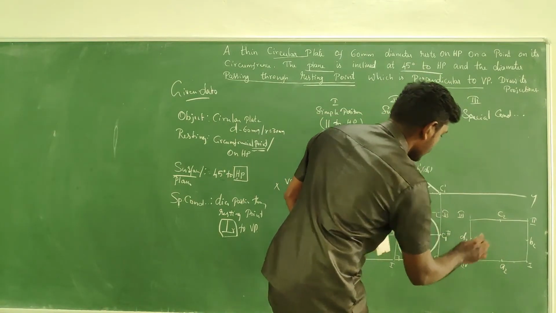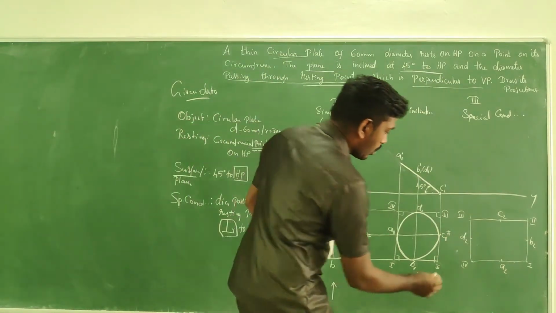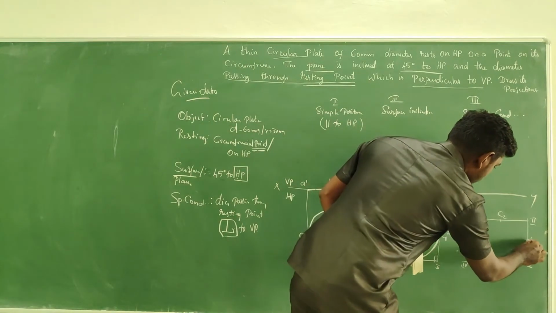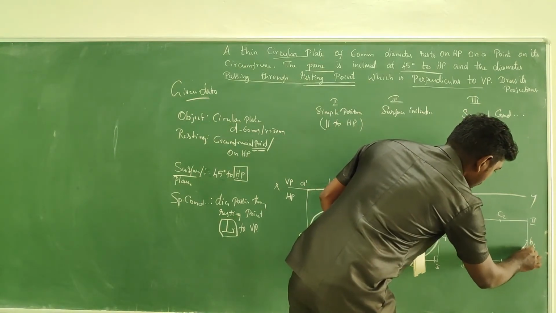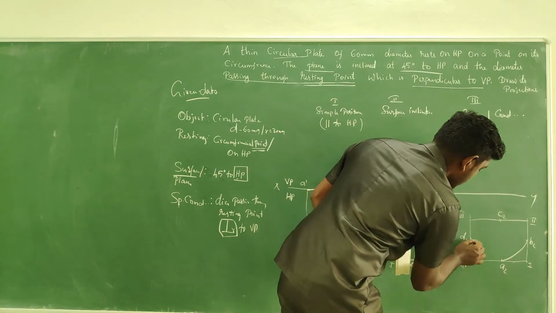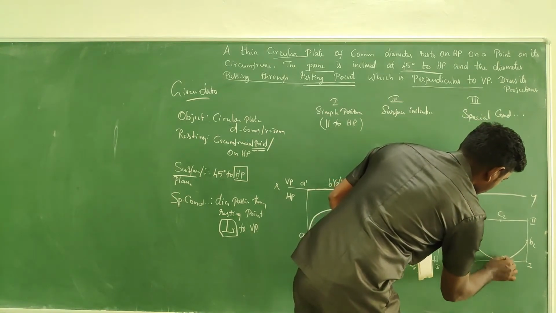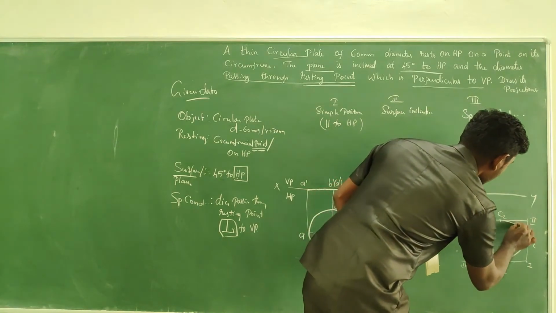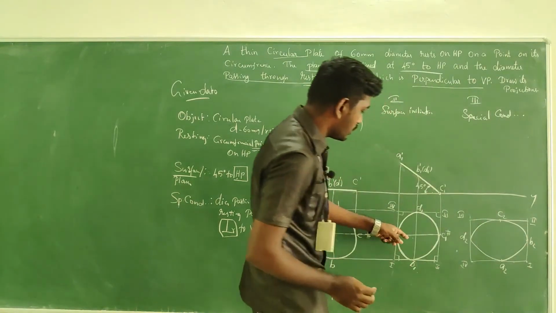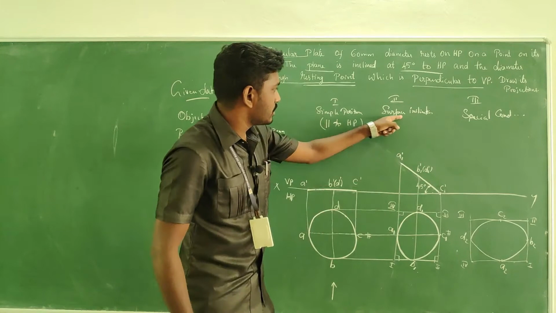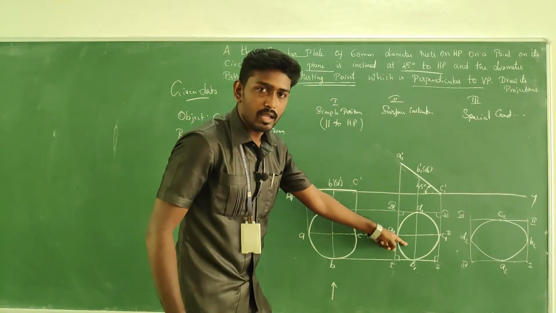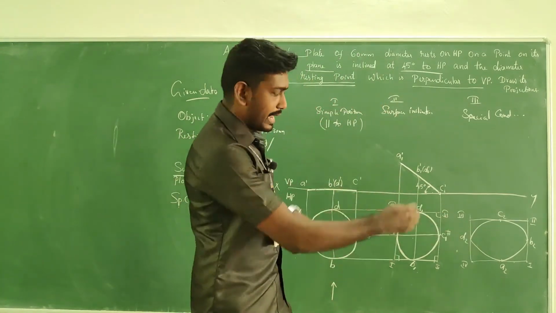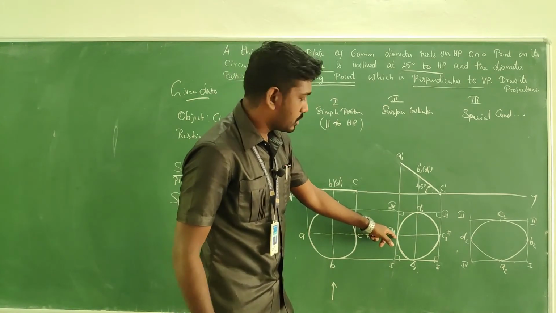So this becomes D2. If you connect all those picked points with freehand, you will get the trace of the same image which we got in the previous stage, surface inclination. We can get it in the parallel manner, right?